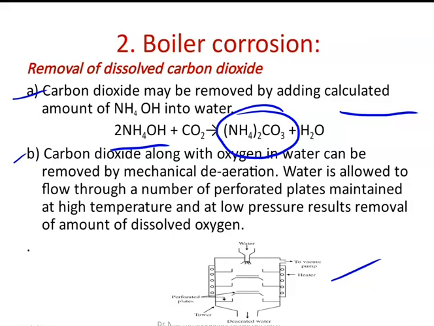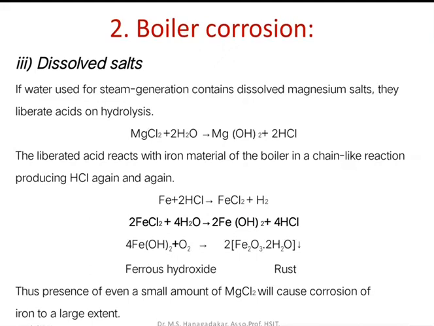Now come to the third one, boiler corrosion because of the presence of dissolved salts. If the boiler feed water contains dissolved salts like magnesium salts, they are going to liberate acids on hydrolysis. Let us see the example mentioned in the chemical reaction. Magnesium chloride reacts with water.